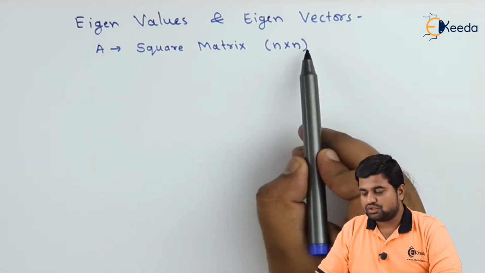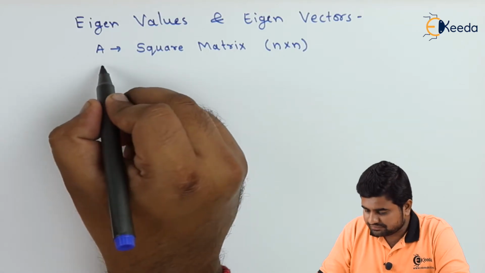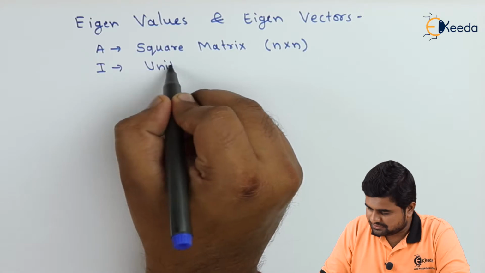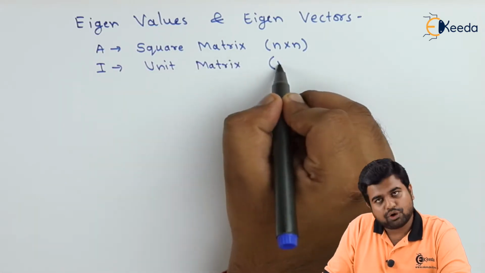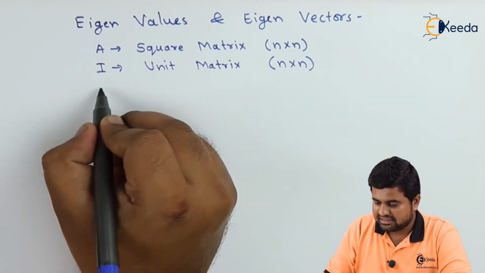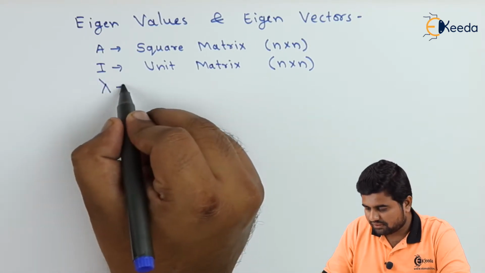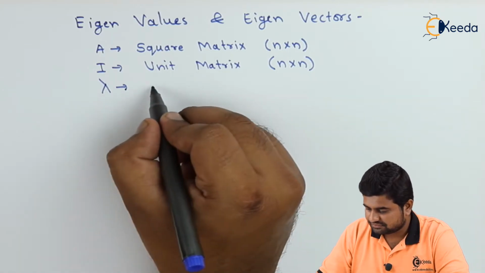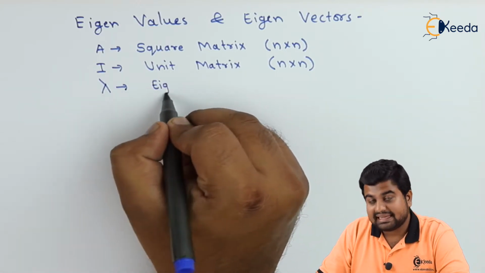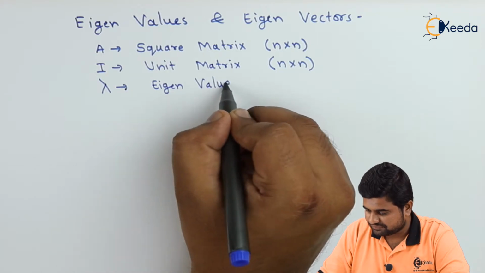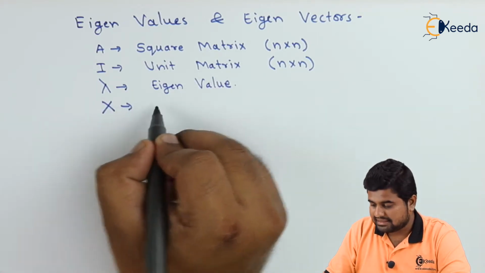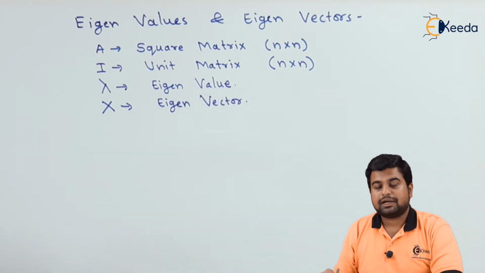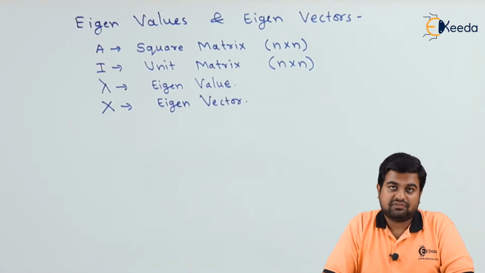That means there are n rows and n columns, where I is the unit matrix of the same order n cross n. Let lambda be any value, the characteristic value, which is called the eigenvalue, and x is denoted as the eigenvector for that particular eigenvalue.